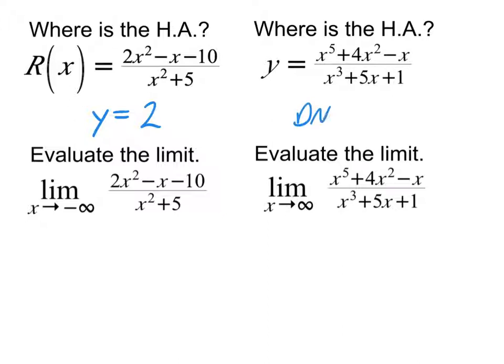So there is no horizontal asymptote. It does not exist. Now, we will still be able to find the limit though, and we'll take a look at that in a moment. But first, let's go ahead and do this limit. So in this case, since we know that we have an asymptote at y equals 2, the limit as x is approaching negative infinity is going to be approaching that asymptote. And so the answer here is that that limit equals 2.